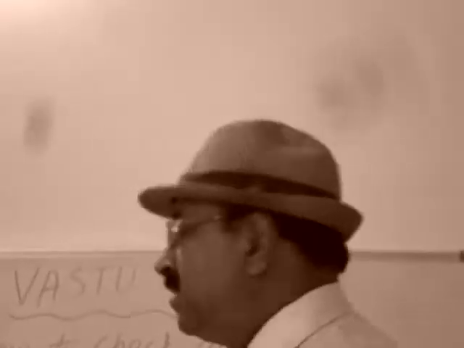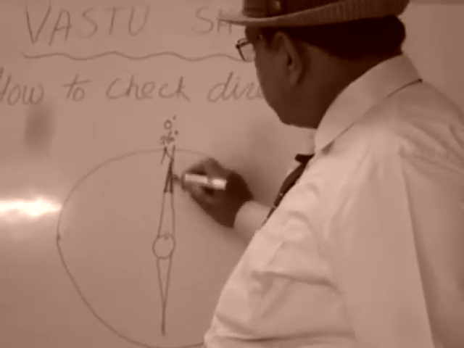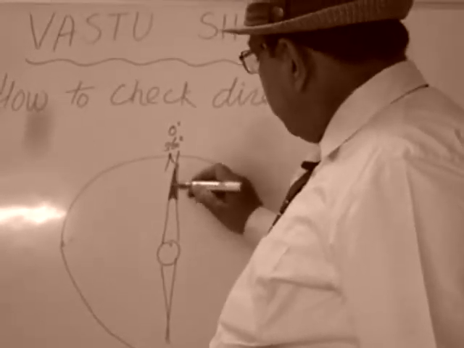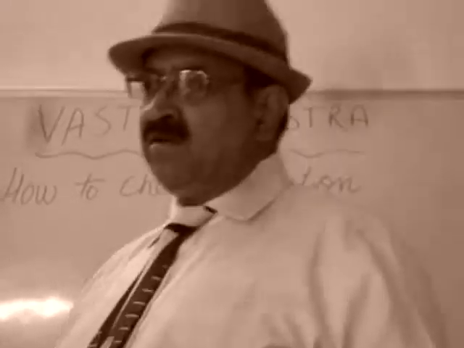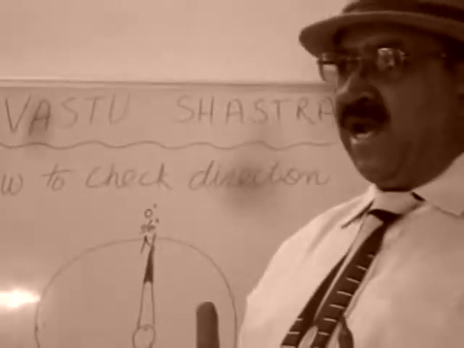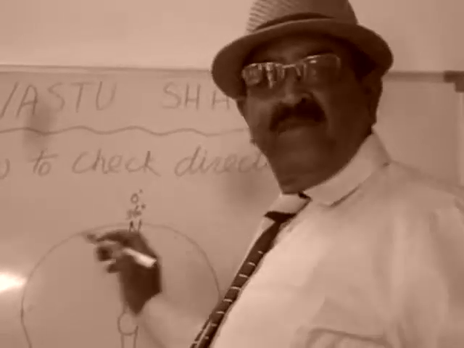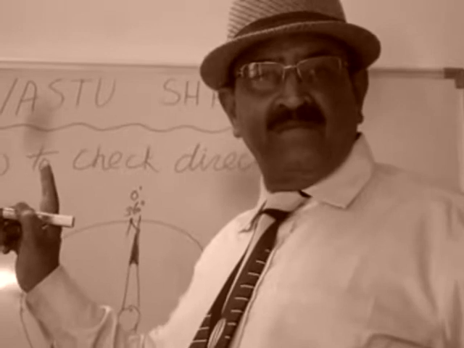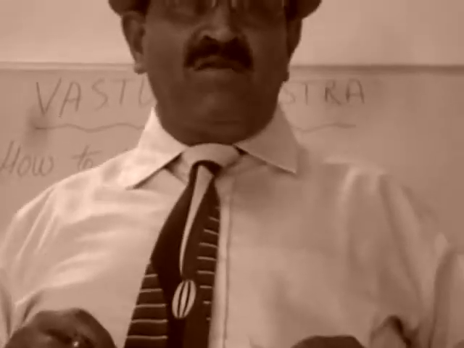The red mark on the needle looks like this. What do you have to do? Just move your compass on the dial and fix this red point on the north pole. It means now you are successful. You have got the north point.